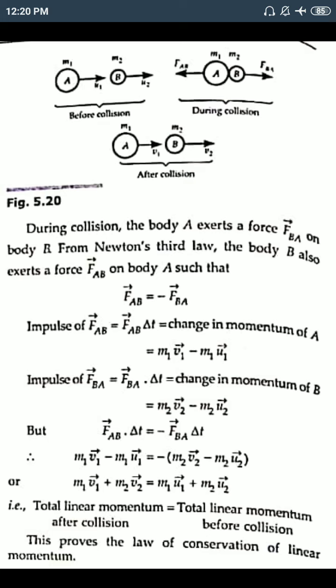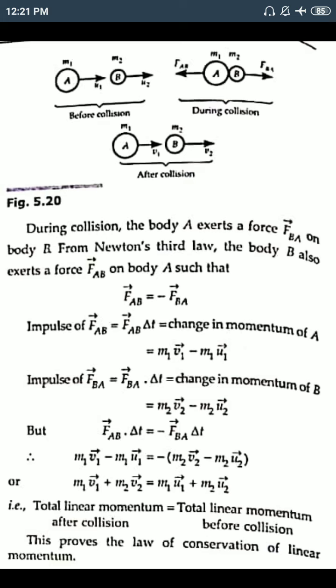During the collision, when A and B are in contact, both bodies exert a force on each other: FAB, the force on A due to B, in the left direction, and FBA, the force on B due to A, in the right direction. After the collision, they separate and again move in a straight line with new velocities v1 and v2.